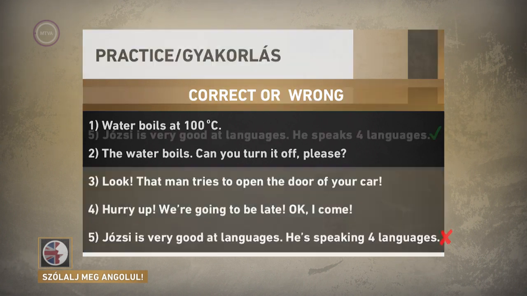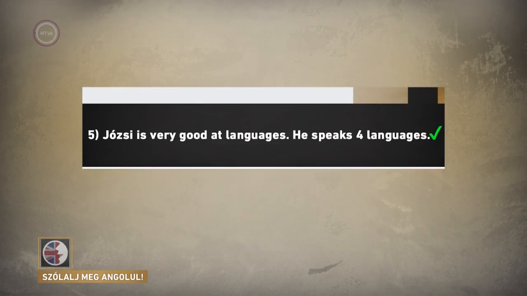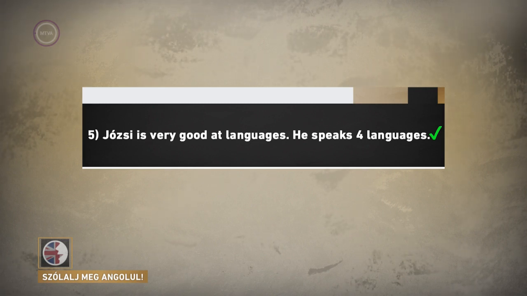Wrong. Yoji may be very good at languages, but this is a general idea, not something which is happening now, at the time of speaking. Nobody is speaking 4 languages. We can only speak 1 language at a time. We can say that someone speaks 1 or 2 or 3 or 15 languages, but we can't say someone is speaking more than 1 language.